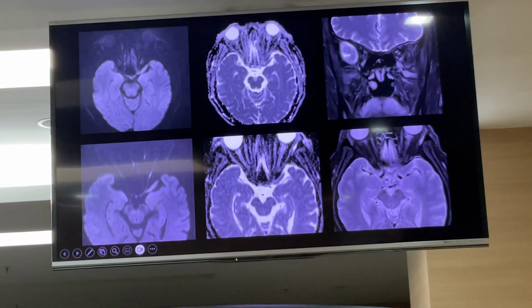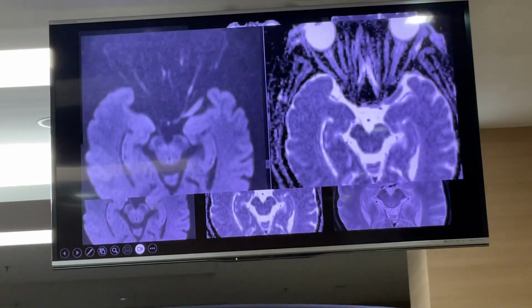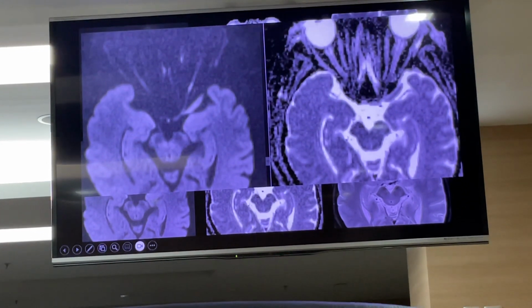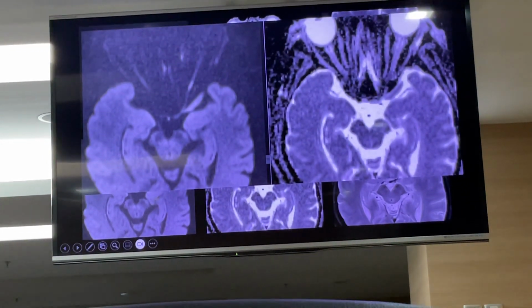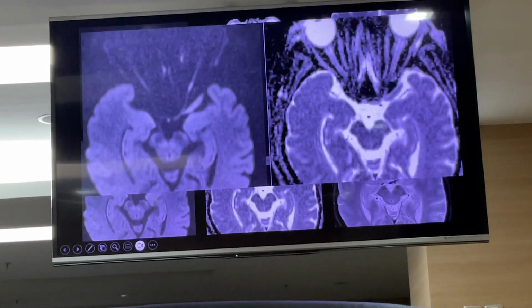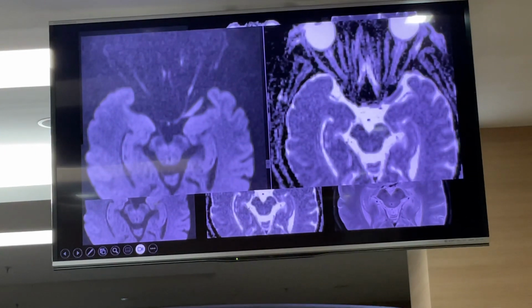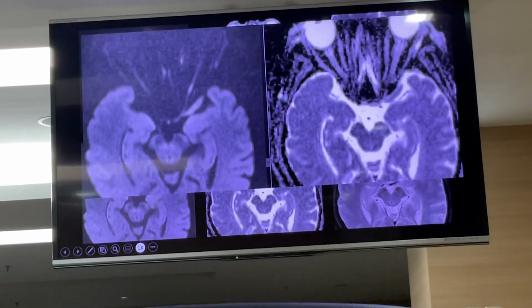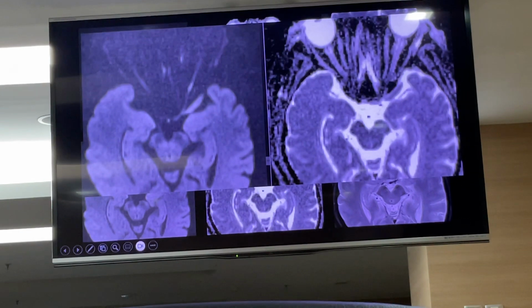So we also require an in-plane high resolution image over the orbit area. This is a thin slice and delicate protocol for optic nerve with DWI. You can see clearer. So segmental restricted diffusion of the optic nerve at the area of T2 hyperintensity.